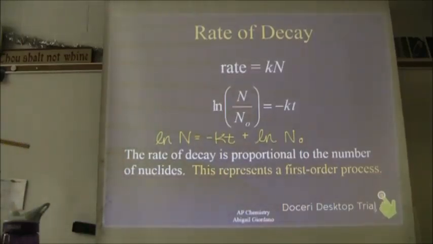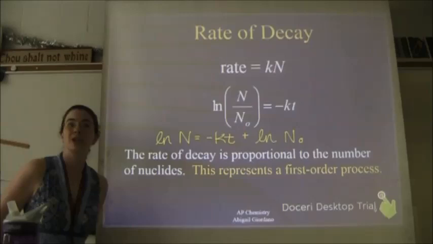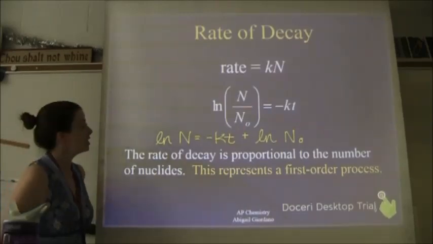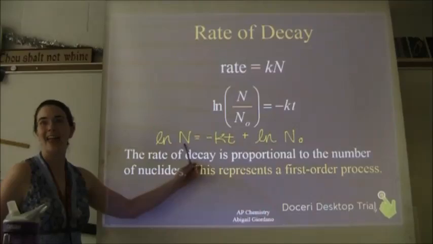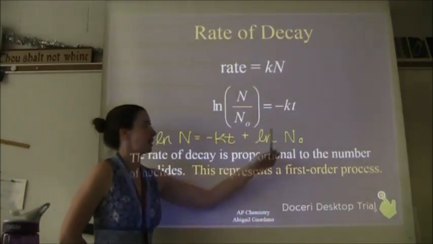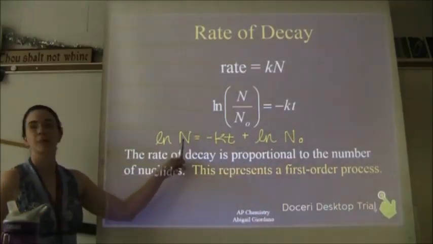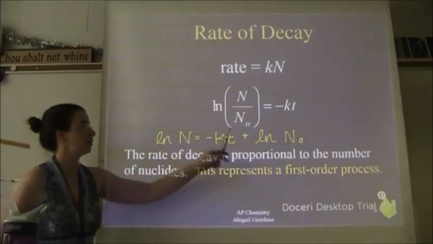On your equation sheet, you have something that looks very much like that. That is the integrated rate law for first order reactions. The only difference is on your equation sheet, it doesn't say N and N naught. It has brackets with molarities in this place.